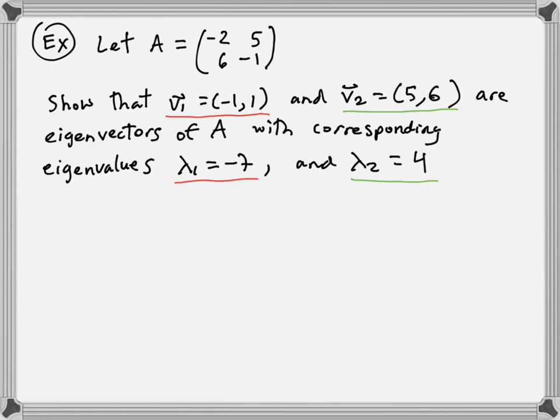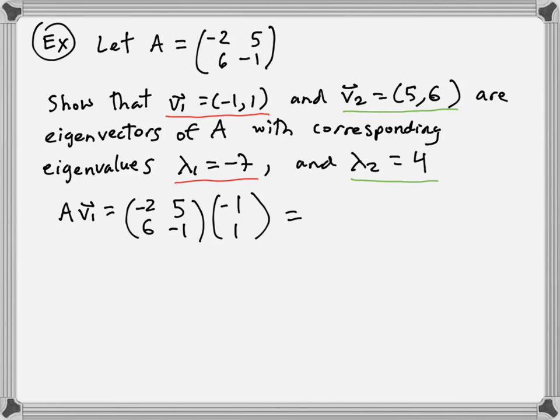So how do we show this? We just multiply the matrix times the vector. What is A times V1 equal to? That would be -2, 6, 5, -1 times the vector -1, 1.